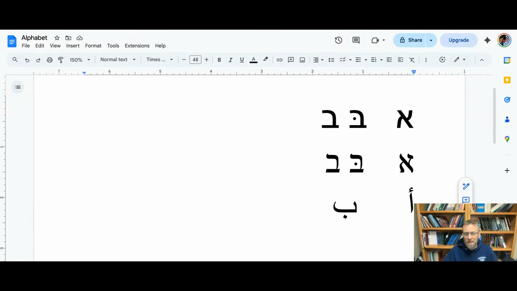Now, the cool thing is, those of you who know the script of either of these languages know that we can already write out our first word in each of these languages. We can actually write a few words, come to think of it.